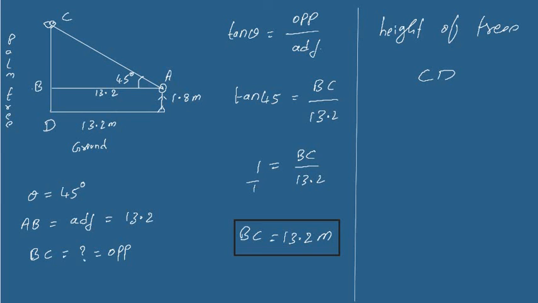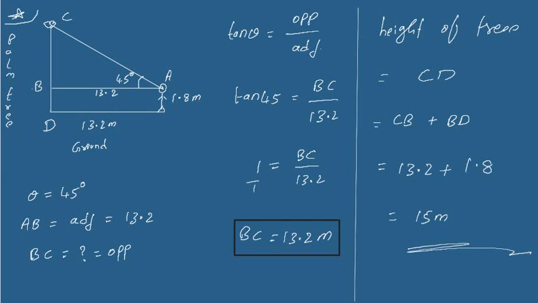We found CB. CB plus BD is equal to CD, no? The CB value we found is 13.2. The BD value is 1.8. This 1.8 you have to add. Total 15 meter is the height of the tree. Understand? Important model.